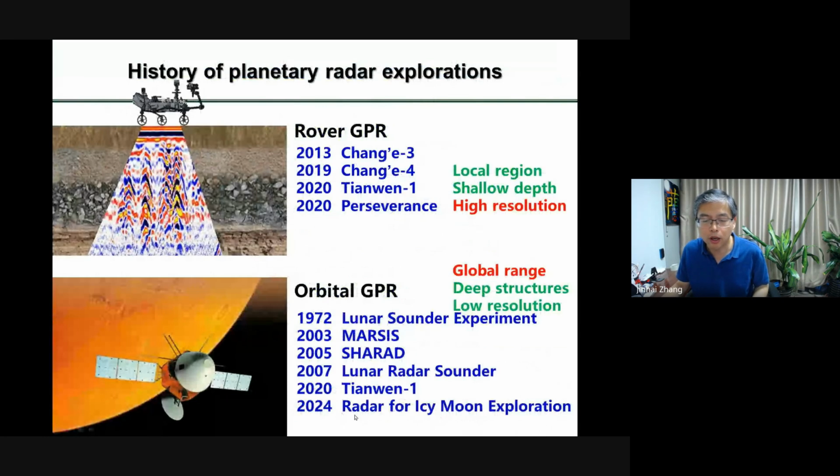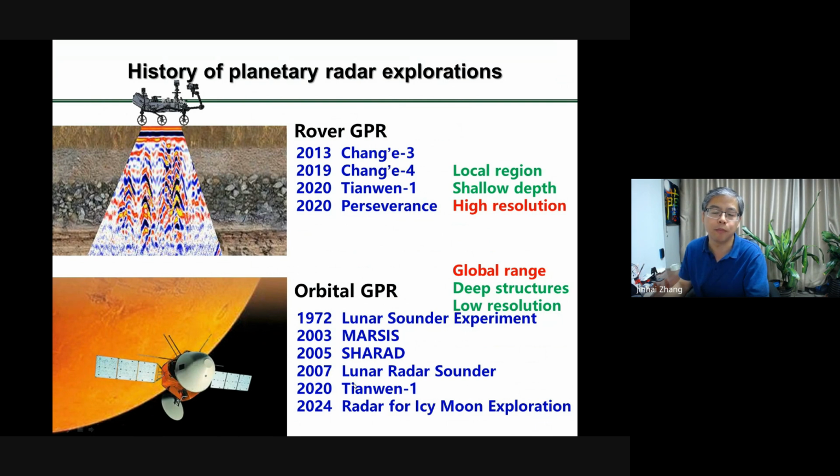There's a recent work on the radar for icy moon exploration to Jupiter. This is still on its way flying to the moons of Jupiter. In several years, it can obtain new data of the icy moons of Jupiter.